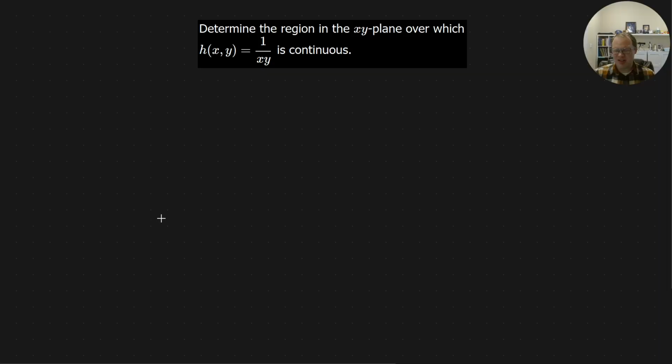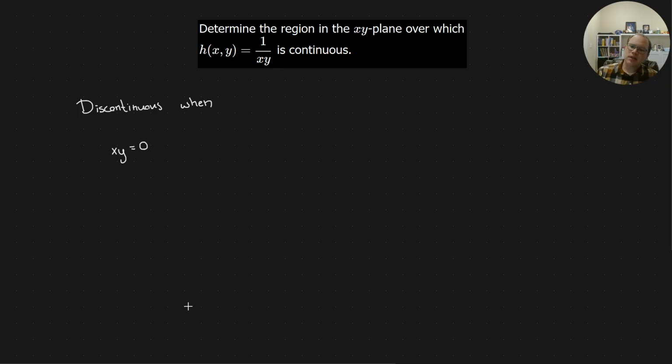Otherwise, functions are usually continuous. All right. So we want to make sure, so it will be discontinuous when xy equals 0.